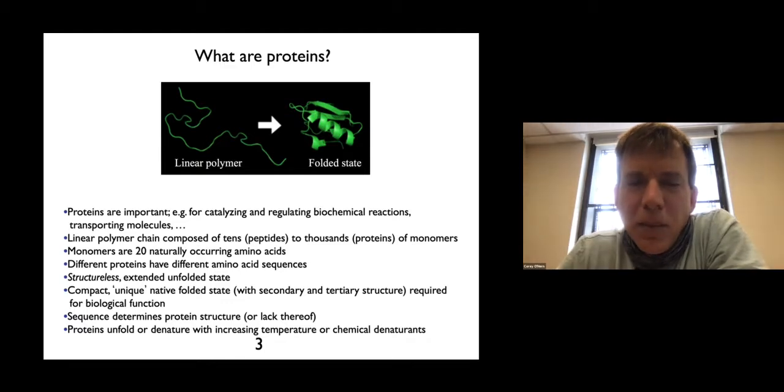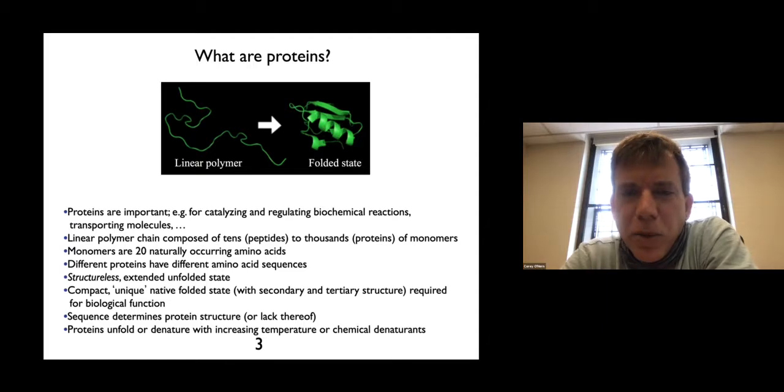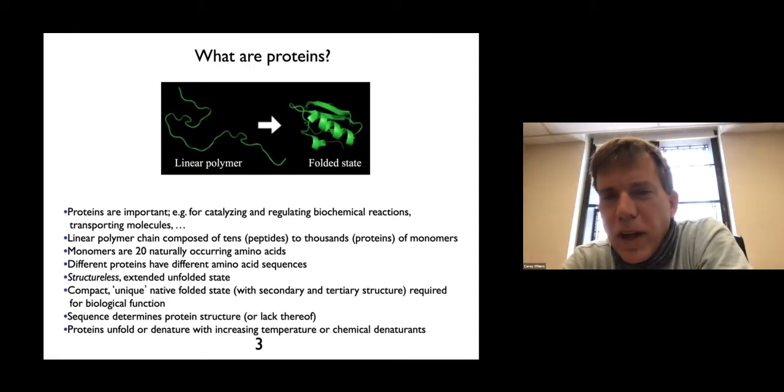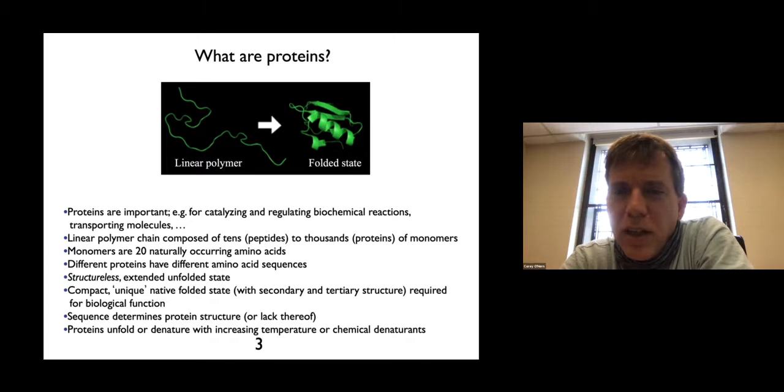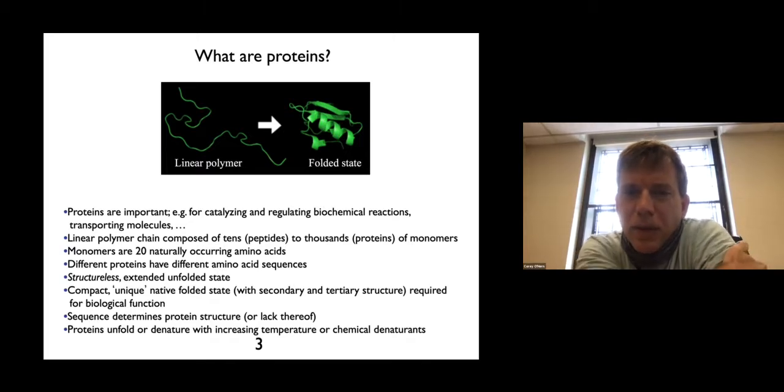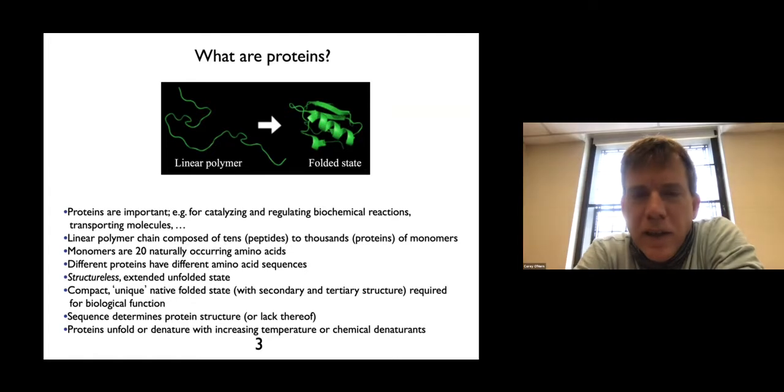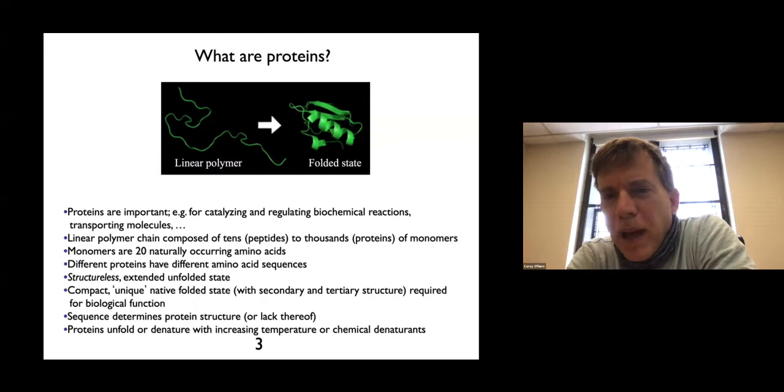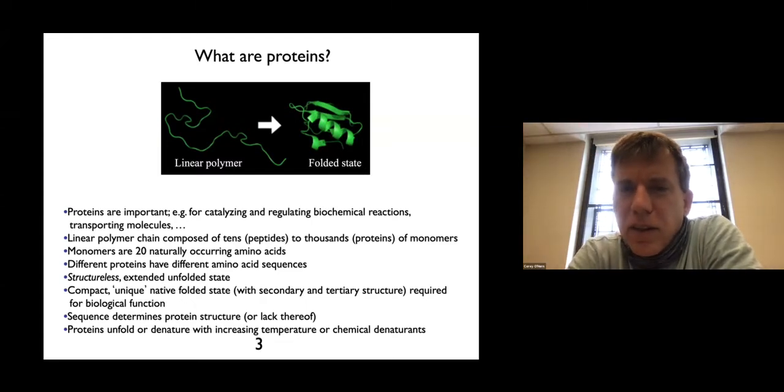In the top image, I show a linear polymer, which is in an extended state. And on the right, there's a protein in a folded state. So proteins, which are polymers, can transition between very different types of states, one that's extended or one that's more compact and has a type of order.